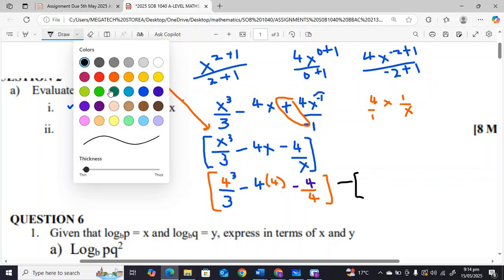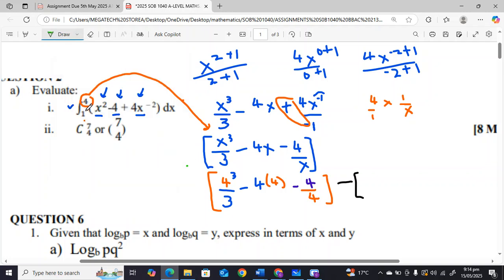The lower limit, you also do the same. You substitute here. So where there's x, you substitute it with 1.